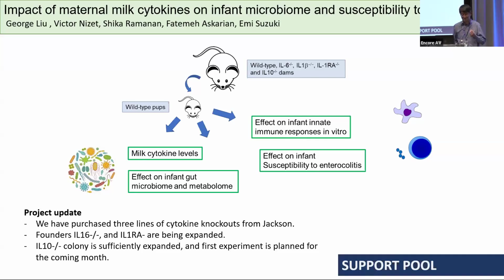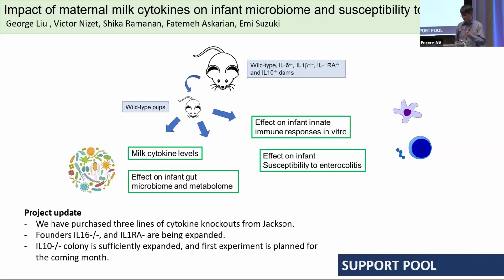We know that human milk, when given to infants, has a lot of benefits, including decreasing susceptibility to NEC, and some reports say BPD also improves with human milk. So what component of human milk is really affecting this and conferring some resistance?